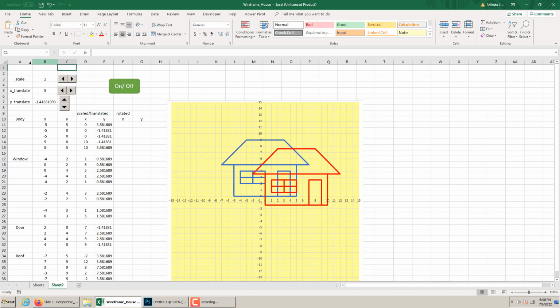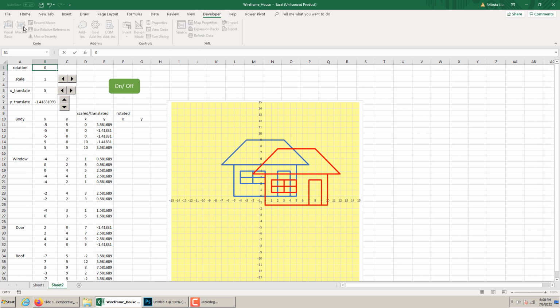First, we go here at parameters and type theta. So angle theta, or you can say rotation. And let's put for now 0. Let's go in developer, design mode, copy this, Control C, Control V, and place it right here.